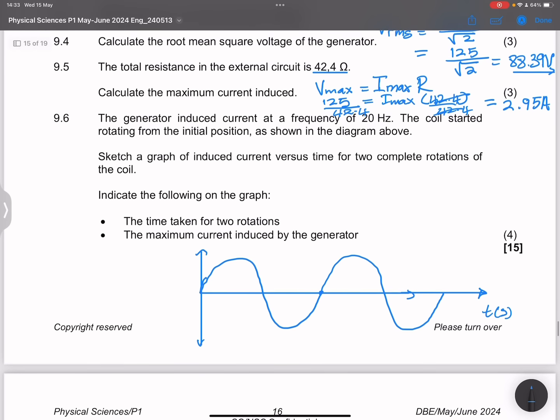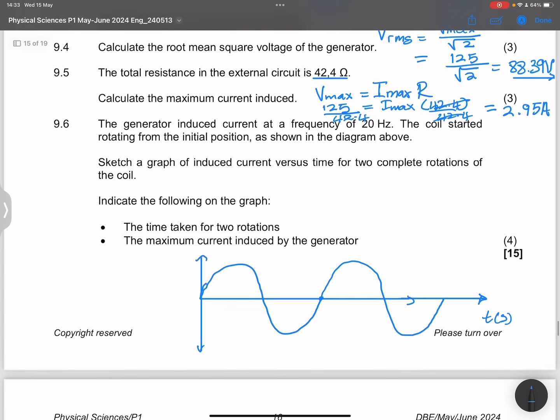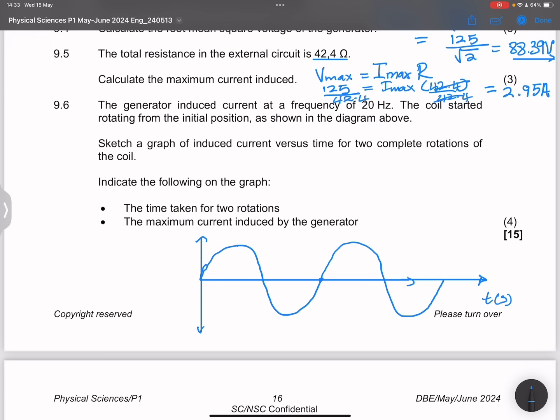And we know that our maximum value for the current, we said that was 2.95. So that will be 2.95. That will be minus 2.95. So this is going to be current, in amperes.